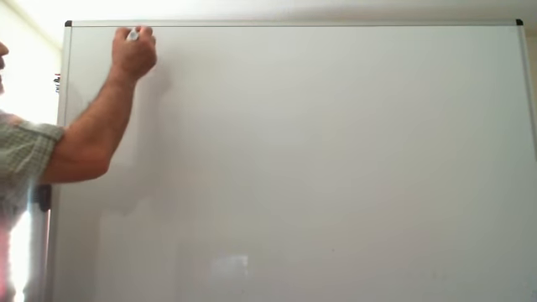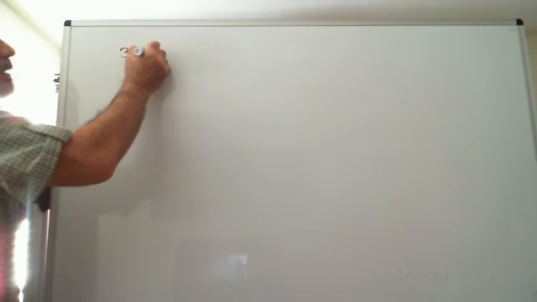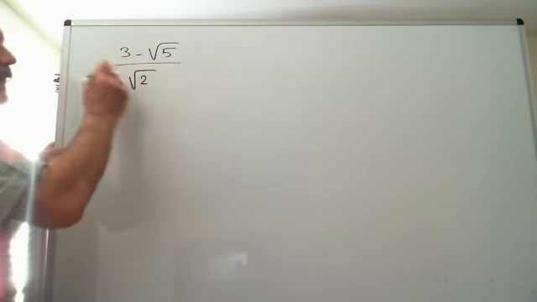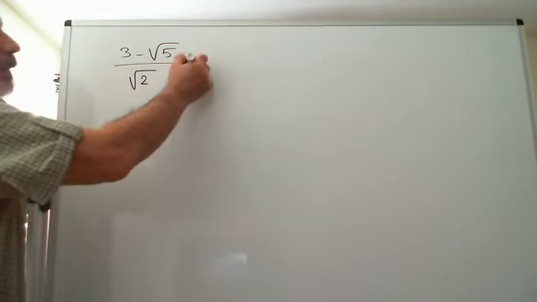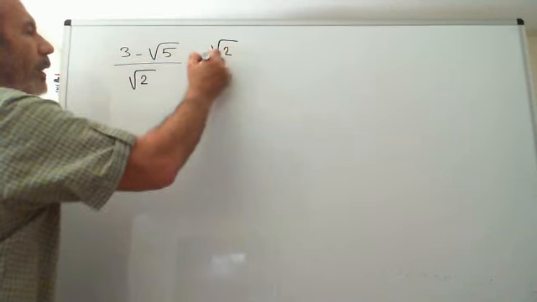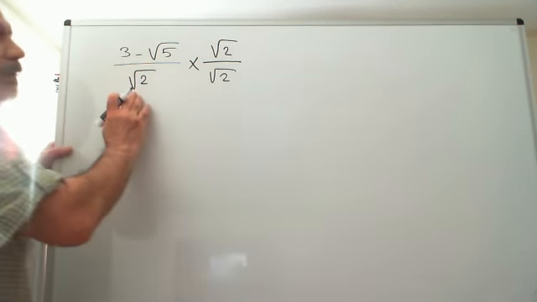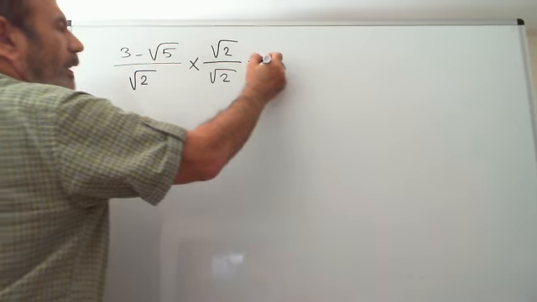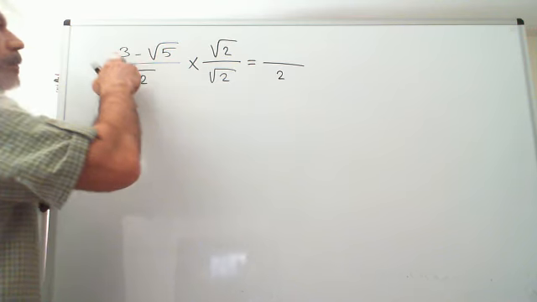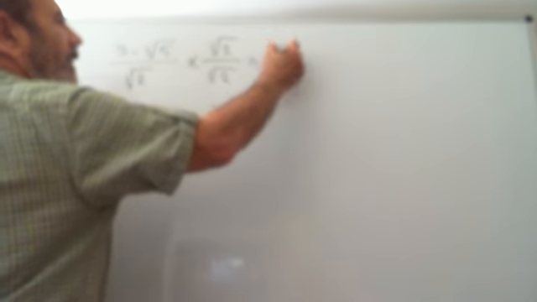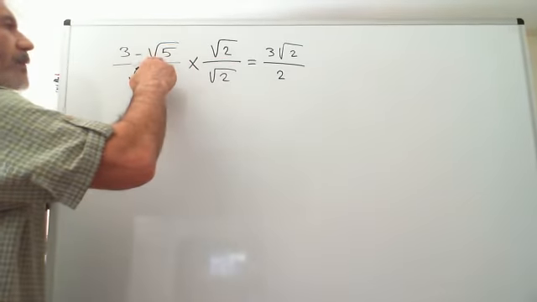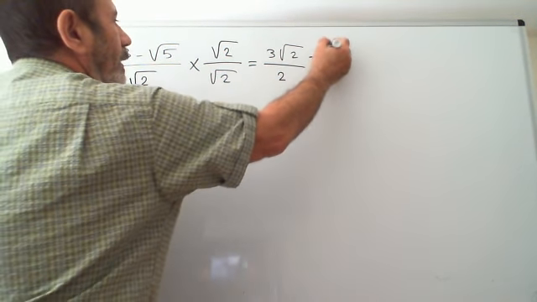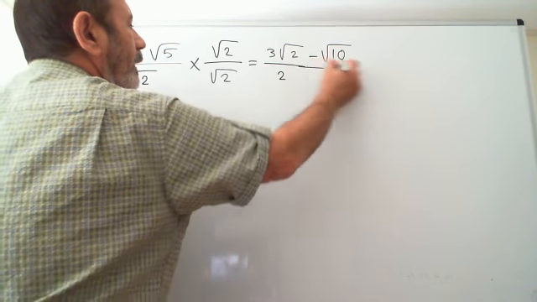Just to quickly repeat it, let's say we have 3 minus radical 5 over radical 2. For this one, we easily multiply both numerator and denominator by whatever is the denominator. In this case, radical 2 times radical 2 is going to be 2, and for the top, 3 times radical 2 is going to be 3 radical 2, and minus radical 5 times plus radical 2 is going to be minus radical 10, over 2.